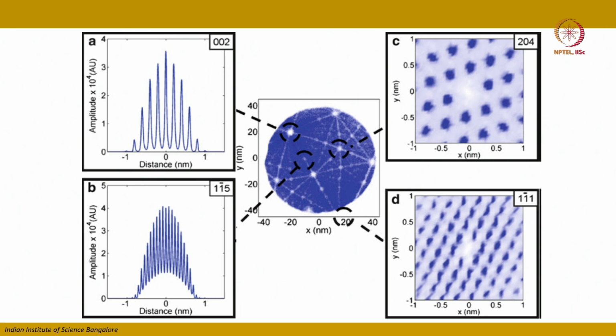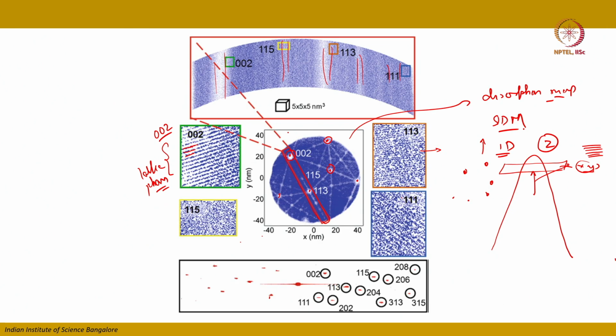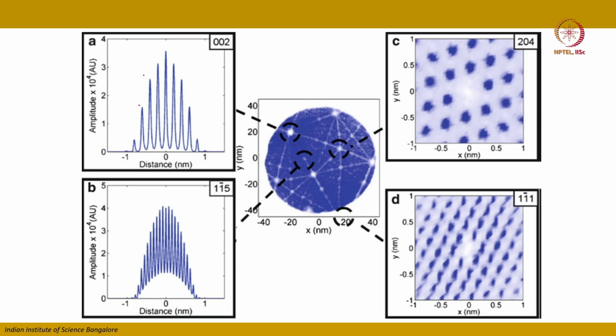Now you can see that if you plot, these are the atomic planes, and if you take SDM across these planes, you will get sharp peaks at a certain defined interval, and the distance between these two is nothing but the d spacing, dHKL, of that particular 002 plane, correct?